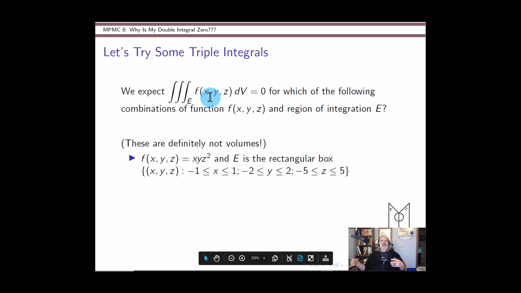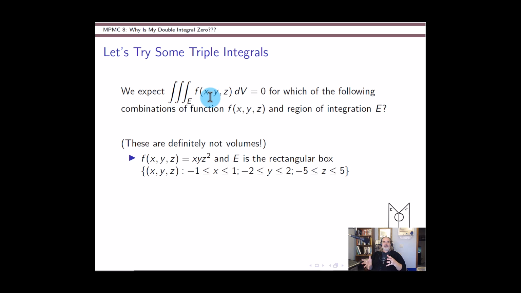Now, the same thought process can go on for triple integrals. It's a little bit more difficult to visualize, but you can do it. So when we do a triple integral of f of x, y, z dV, we are not calculating a volume, right?